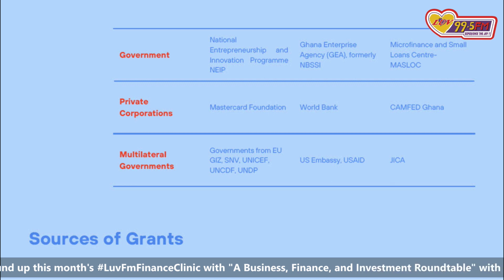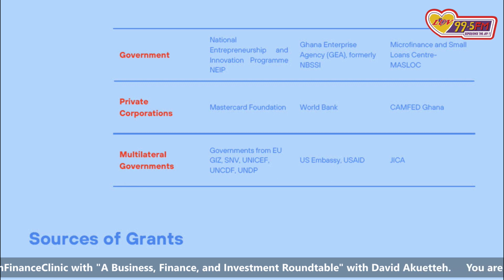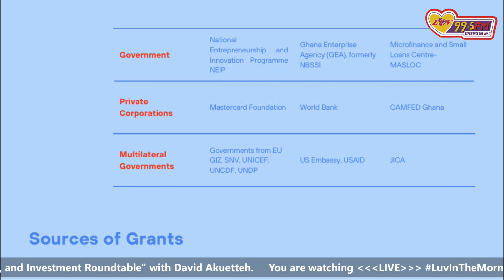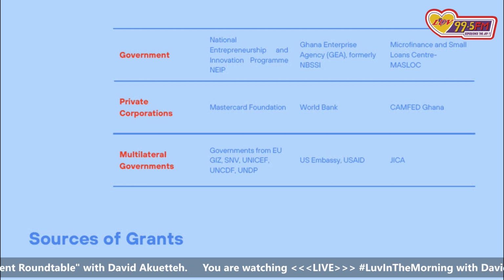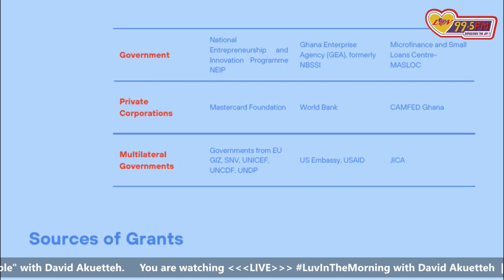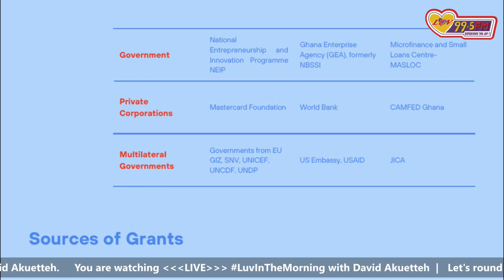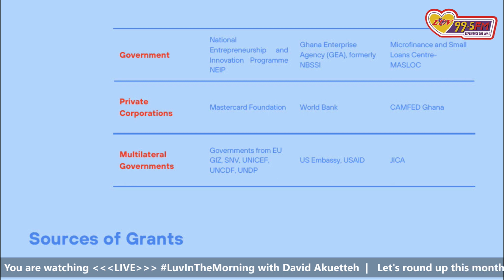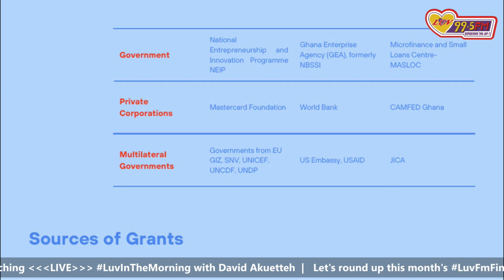Comfort registered my business. I didn't see the stress in that. They did the registration for me. They do a lot of things for you if you are in with their community, and they see your business always improving. They won't mind you because they also have to report to other people. Then we have the multilateral governments.